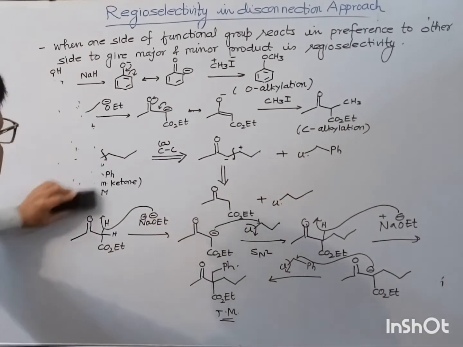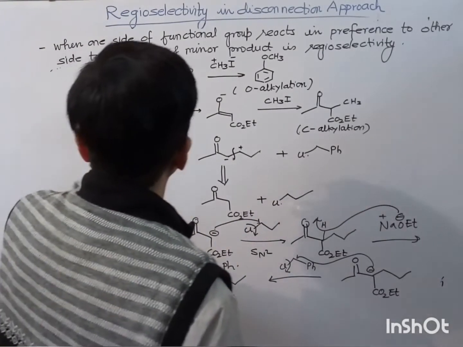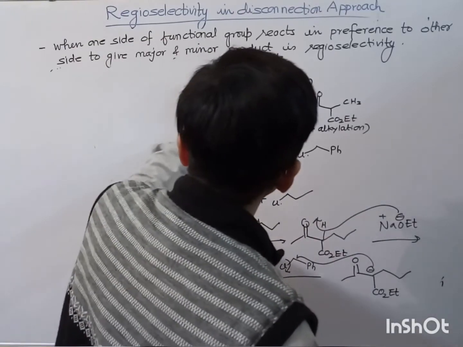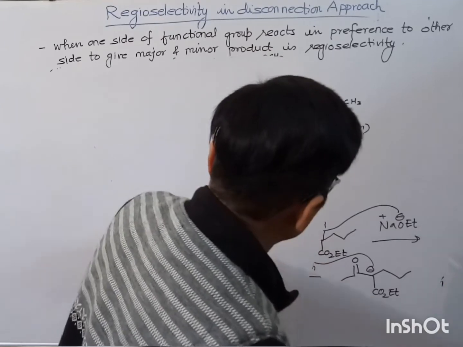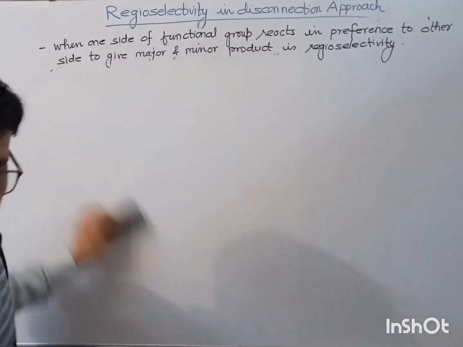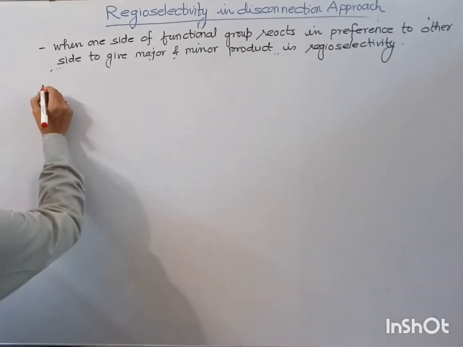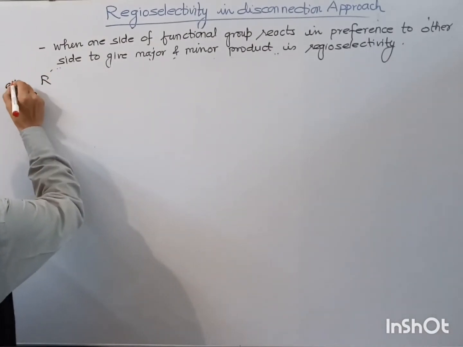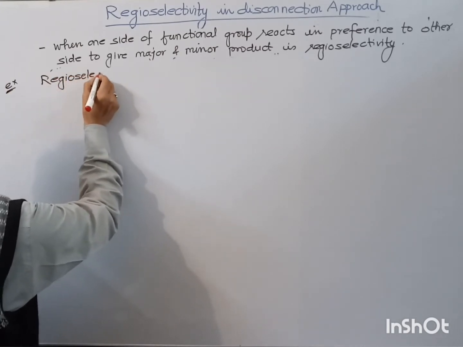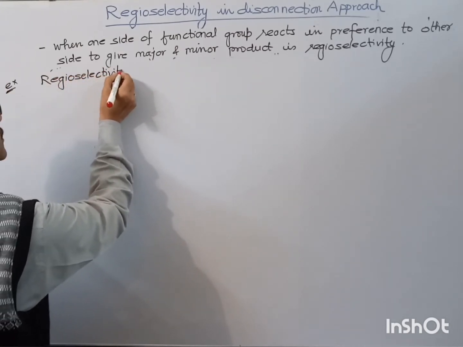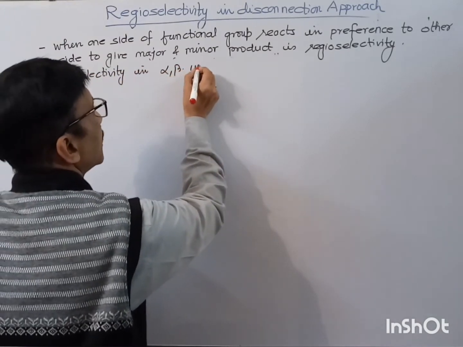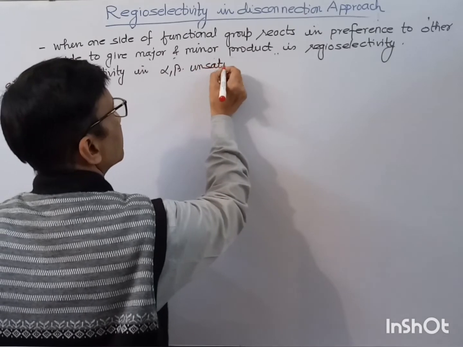Now let's see the regioselectivity in alpha beta unsaturated ketone. So let's take another example.